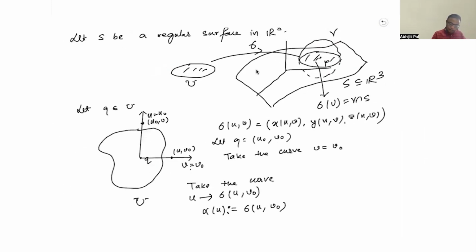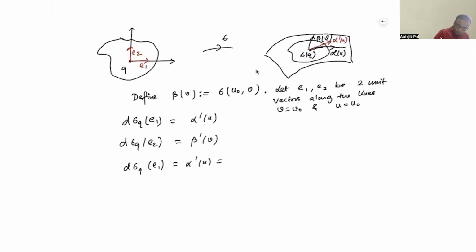Recall that alpha u is sigma(u, v naught), which is again equal to (x(u, v naught), y(u, v naught), z(u, v naught)).